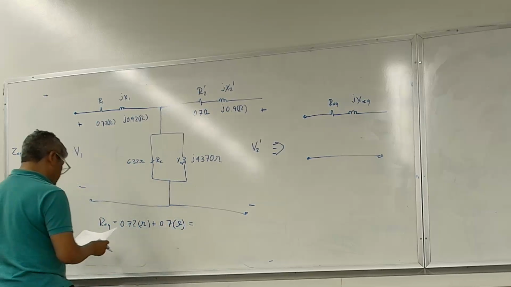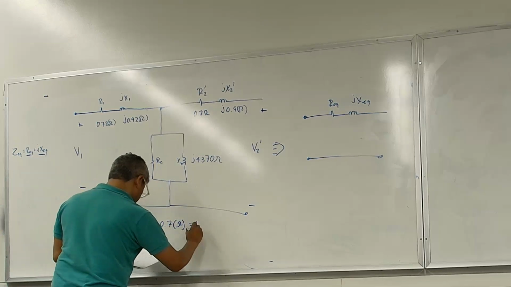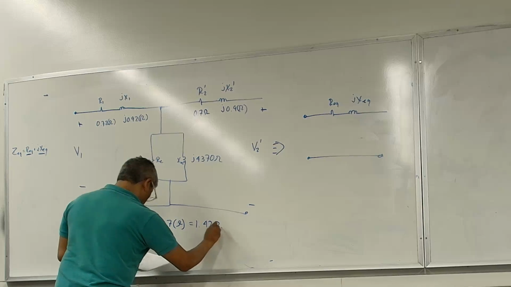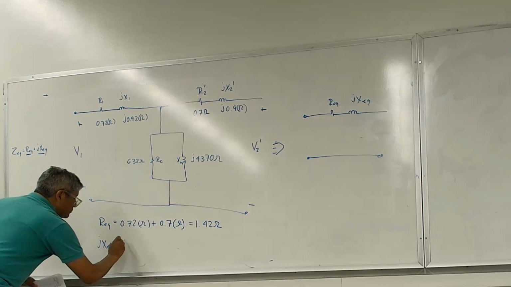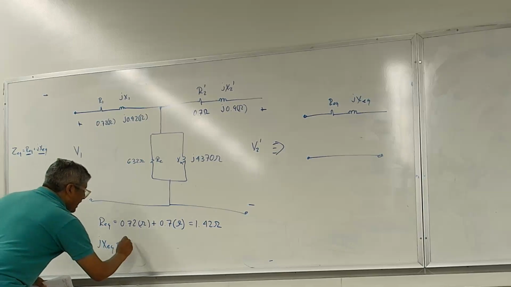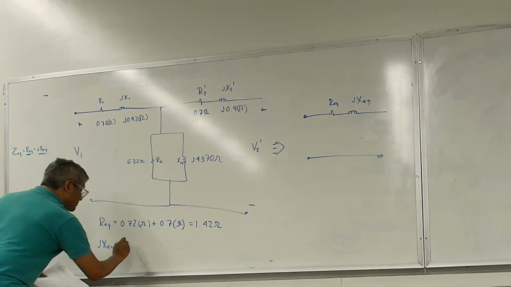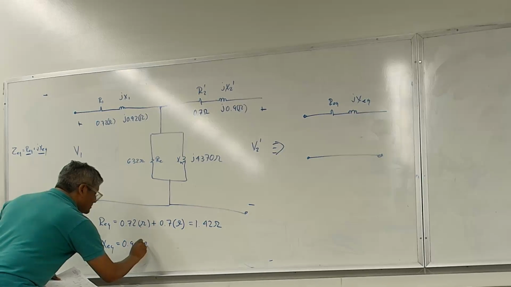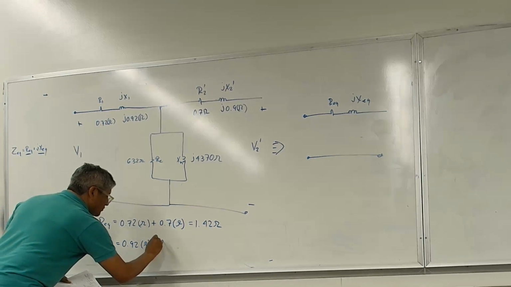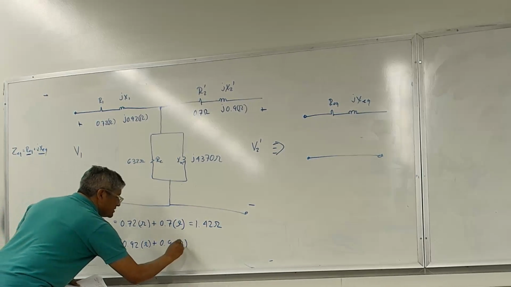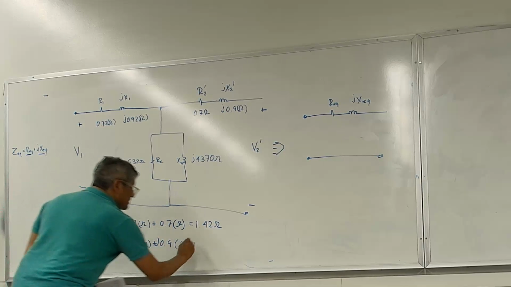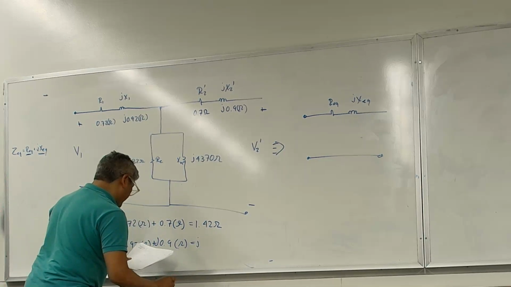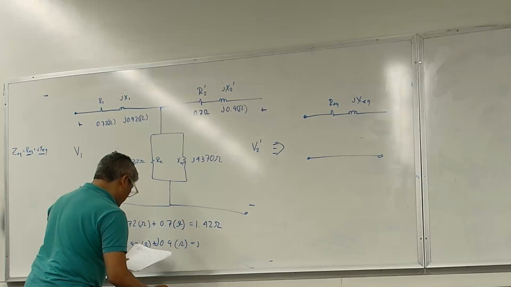So that's equal to 1.42 ohms. And JXEQ is equal to 0.92 ohms plus 0.9 ohms, and that gives me, oh, this is J, by the way, I'm sorry, J. Let's see, J is equal to 1.82 ohms.